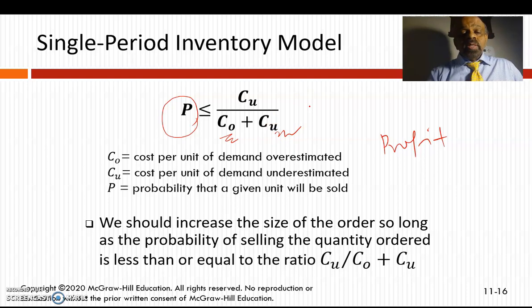These will be given to you, and so you can find the probability. Basically, we should increase the size of the order so long as the probability of selling the quantity ordered is less than or equal to this ratio, CU over CO plus CU, which are the costs of demand underestimated and overestimated.